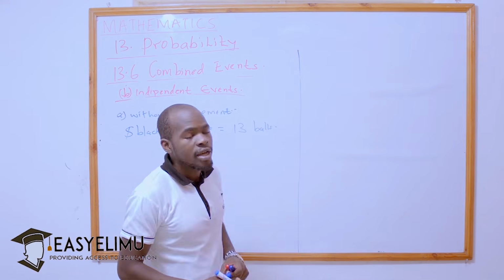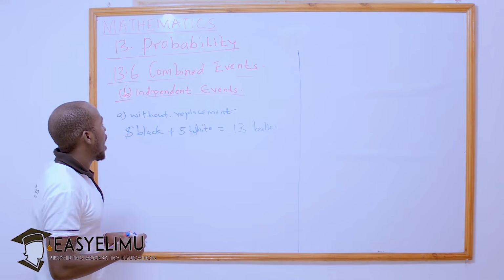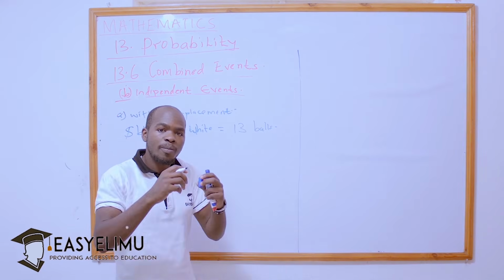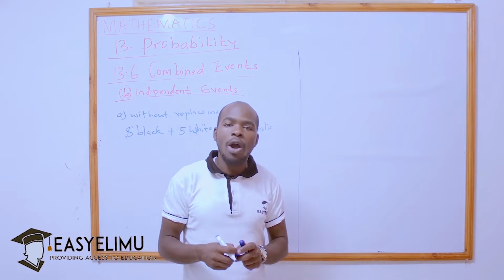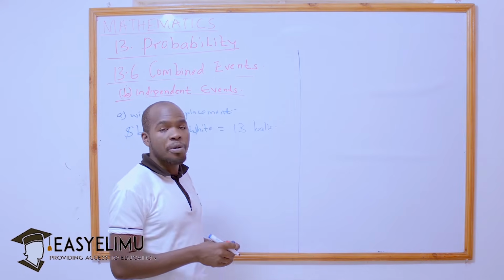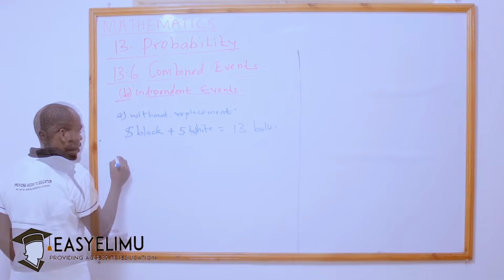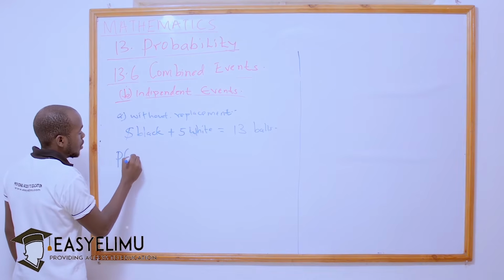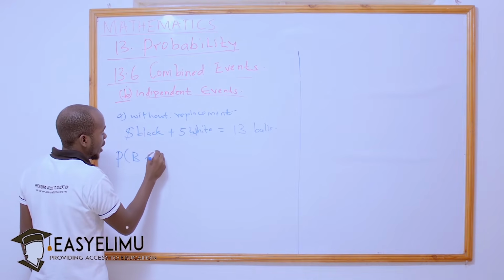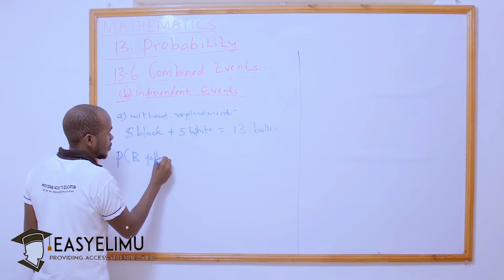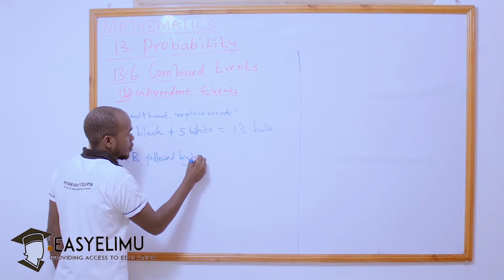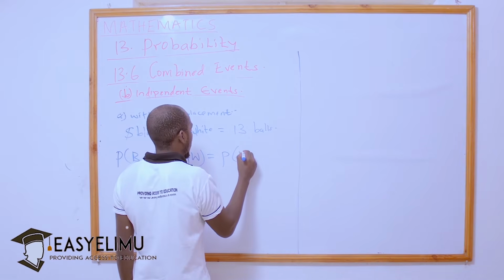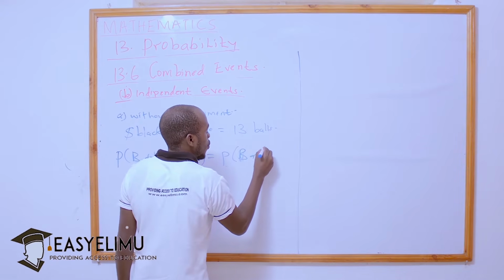So if we are picking a black and white ball in that order, we first pick a black ball followed by a white ball, then the probability of picking will be determined by that. Let's now find the probability of picking a black ball followed by a white ball. That is like finding the probability of black and white.